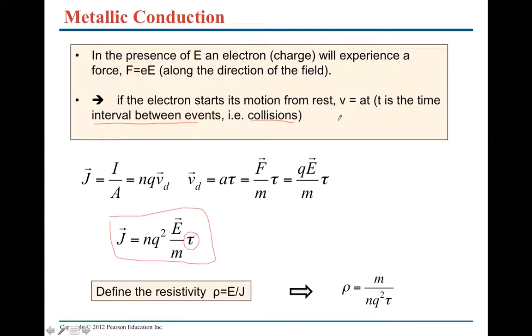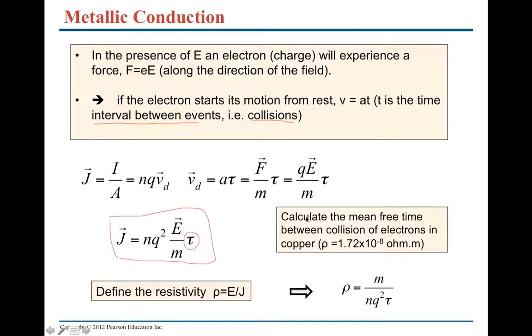So it is also referred to as the mean free time. And you can calculate that if you look at tau here. If I give you the density, now the resistivity is this. Please remember this definition. So the resistivity is also defined by E divided by J.